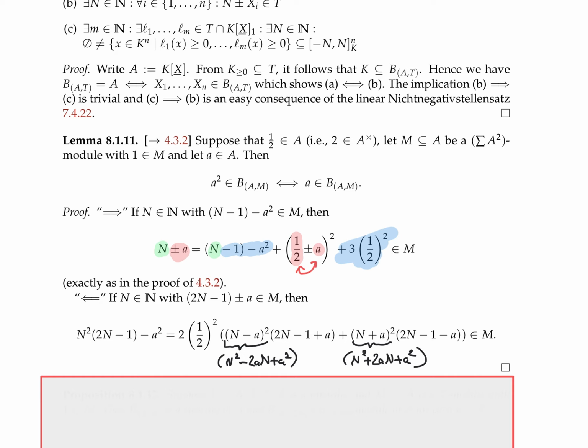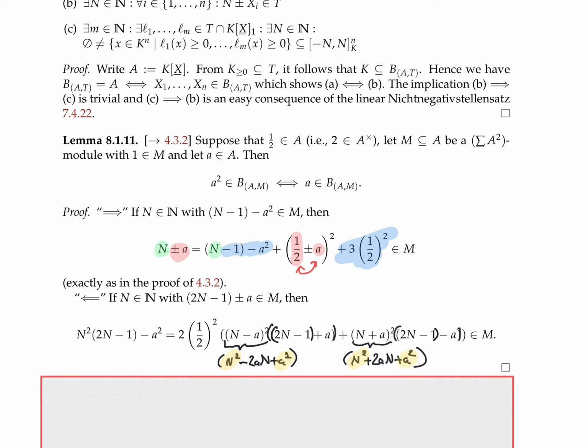Okay, so now maybe I do it like this. I have here the n squared plus a squared. I have it here and I have it here, right?